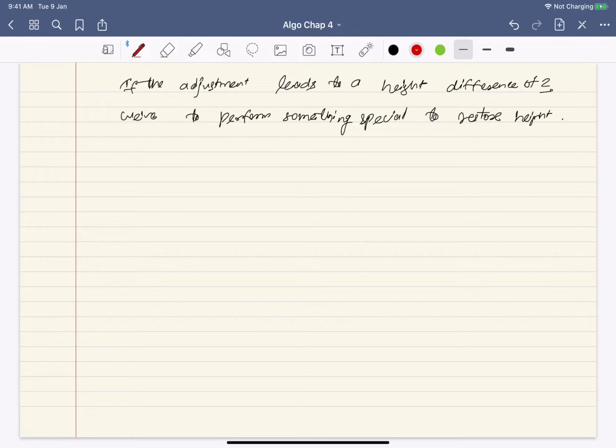I am putting a tree with its balance factors. So actually let's do an exercise also: compute the balance factors of all the nodes.